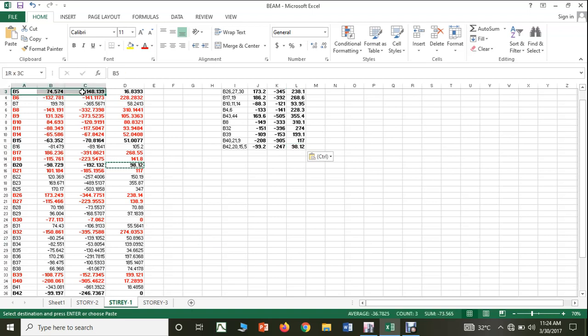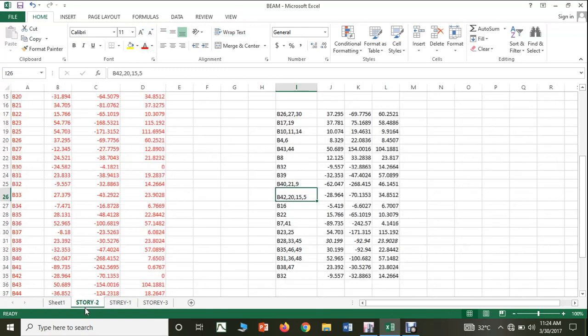So therefore B5, B15, B20 and B42, right? So these are the corresponding ones. Then next you have is 16 and 22.